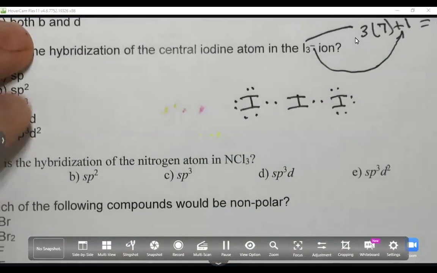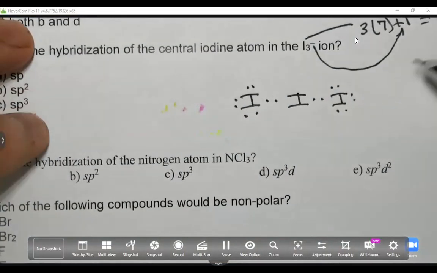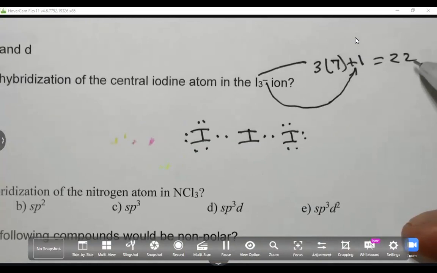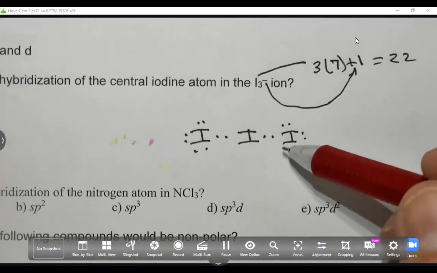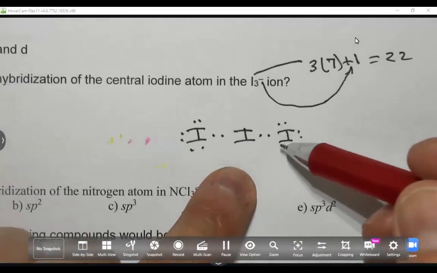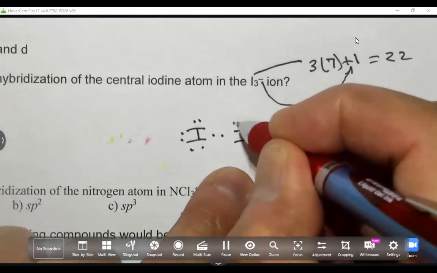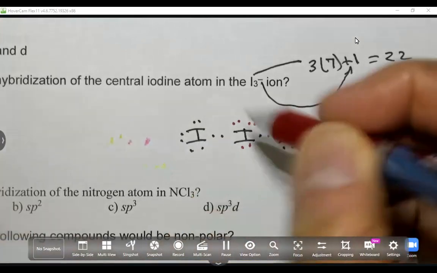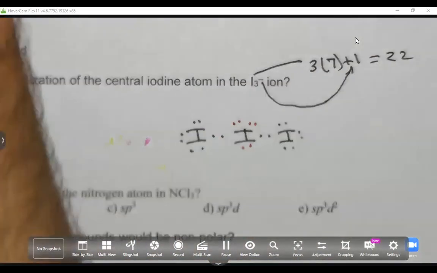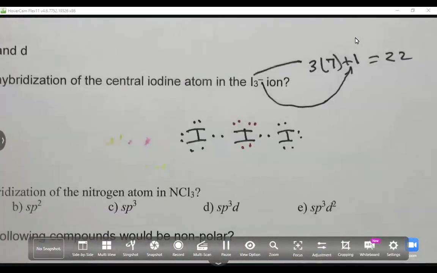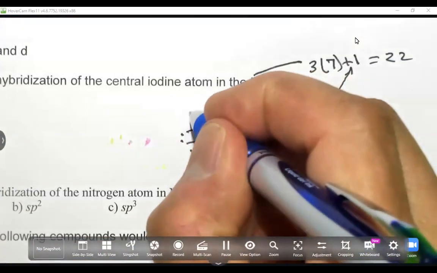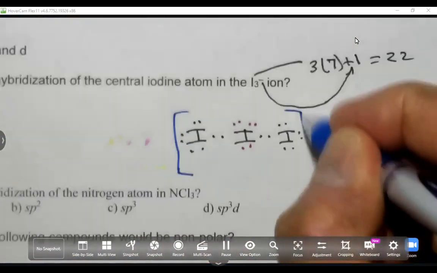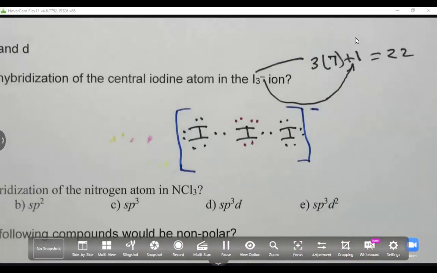That gets me 16 out of the 22 I need to add. I can't do double bonds, so I'm just going to add the remaining 6 electrons to the central atom. Since it's an ion, it will have a bracket around it and a negative charge.